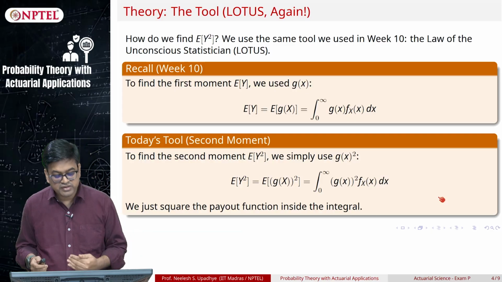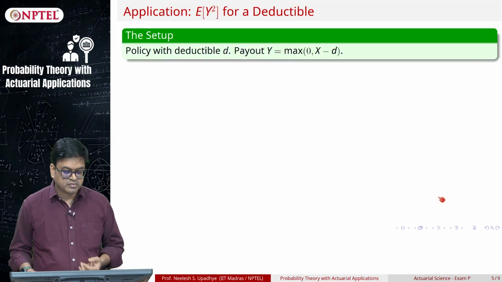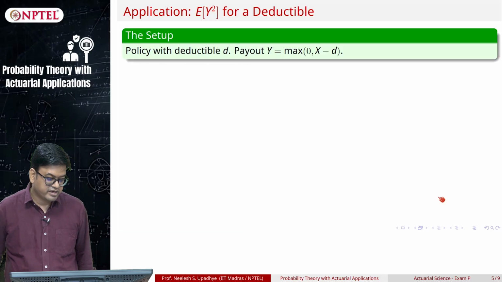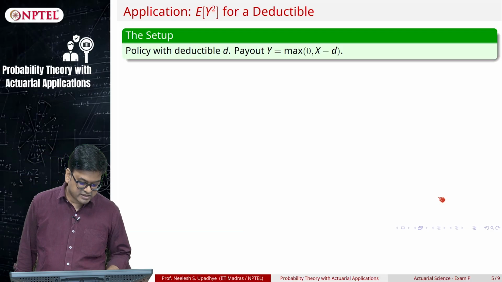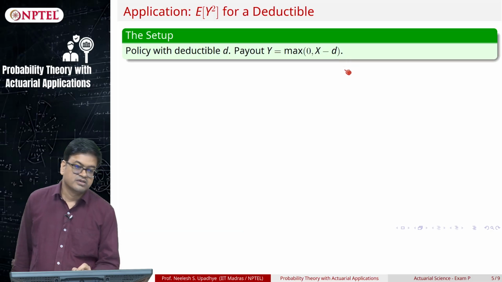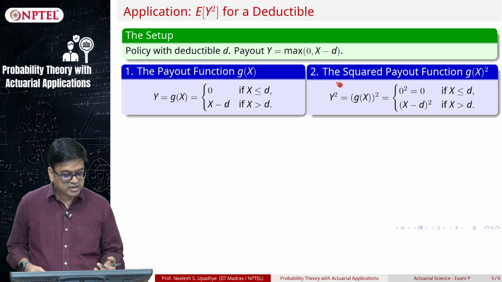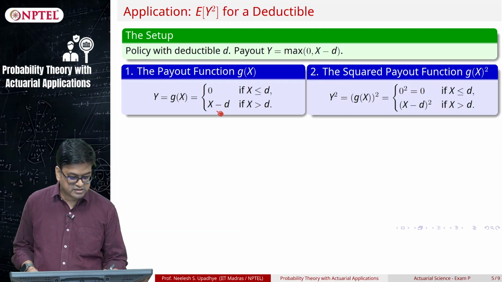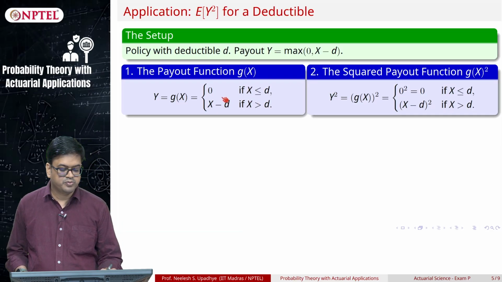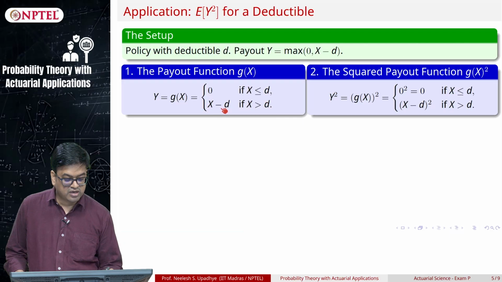So let us get into the game and understand first what happens with deductibles: expected value of Y squared for a deductible. For a policy which has a deductible D, the payout Y is max of 0 comma X minus D. When we looked at Y equal to g(X), we looked at the payout function: if X is less than or equal to D, you pay nothing; if X is greater than D, you pay X minus D. Now we are asking what is the expected value of Y squared.